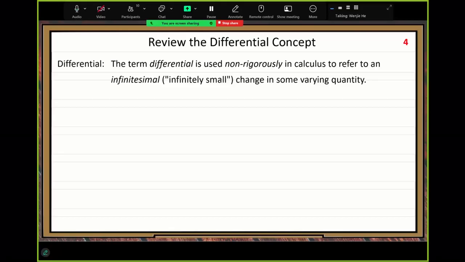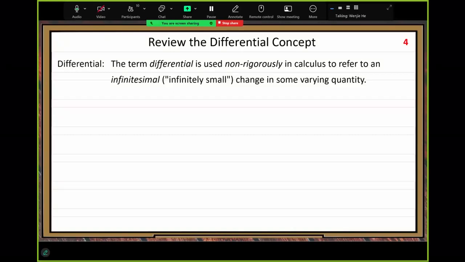But in the early history of calculus, mathematicians felt they needed to describe this concept, infinitely small, to help them understand calculus.